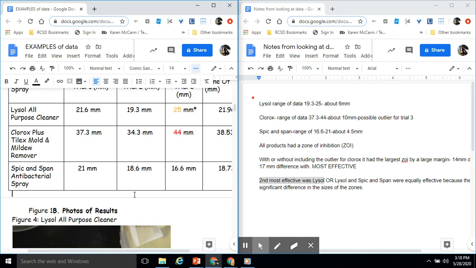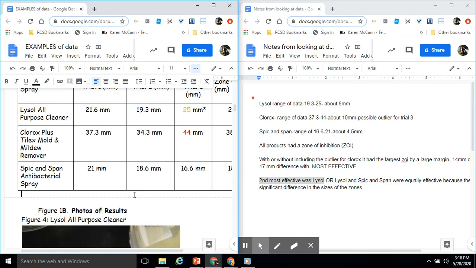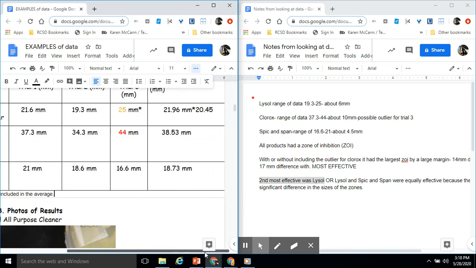And then I would put down here an asterisk and say this was an outlier and not included in the average. If I decide to do this, that changes the difference between them. So now all of a sudden we only have a 2 millimeter difference.